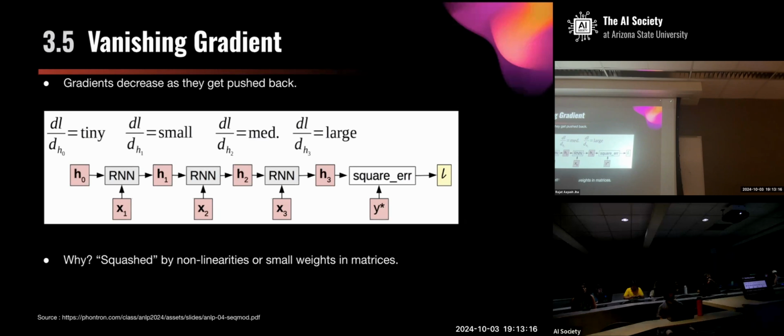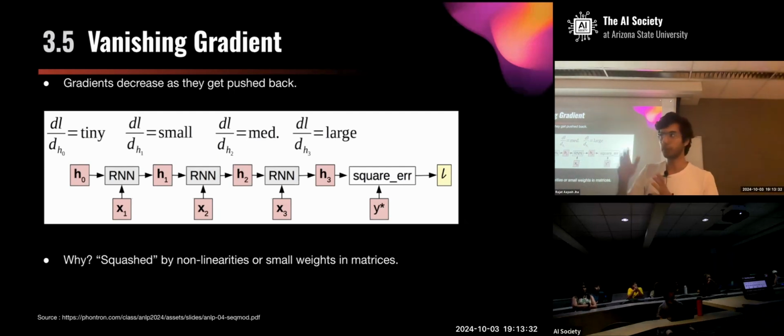The opposite of this is exploding gradients, where you multiply matrices which have huge numbers, so the result will be huge. As I said, the term lambda W to the power T comes in backpropagation. If the result is too huge, even modern computers cannot store that huge value, so it will just store a garbage value.